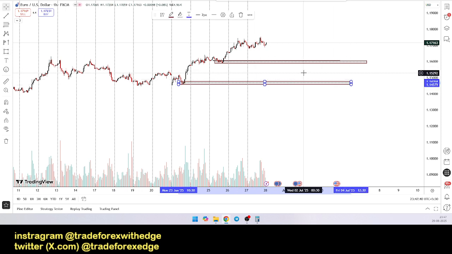So this too is a prime area where we can check if the price comes and taps into this area, these two zones, we can look for the long entry. And there is a possibility of a liquidity sweep of these two areas, which will provide a very good long entry in Euro USD.